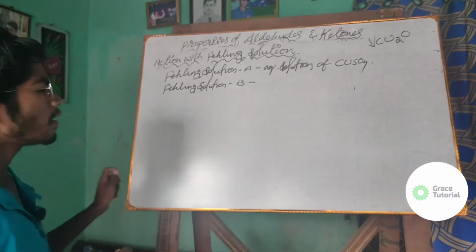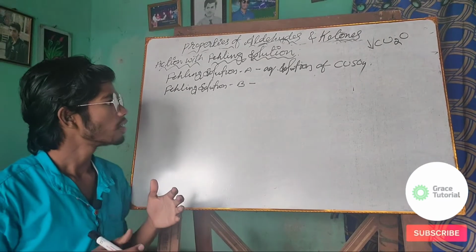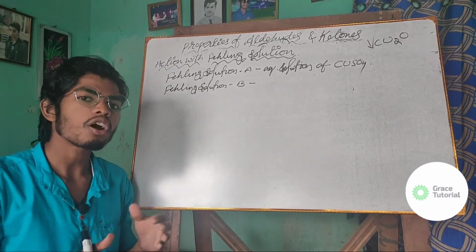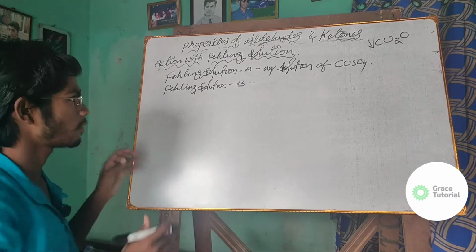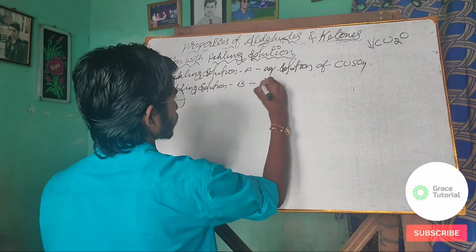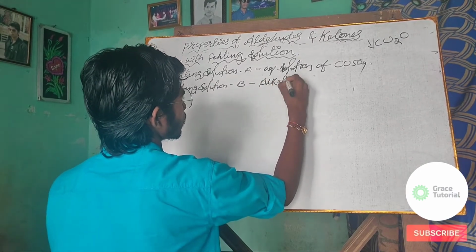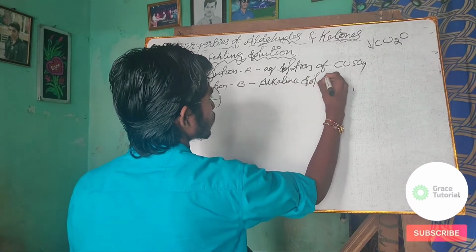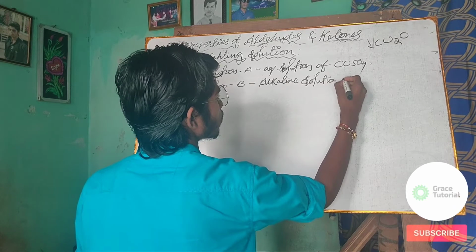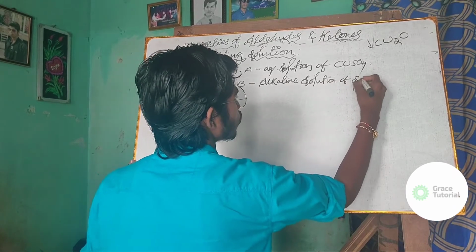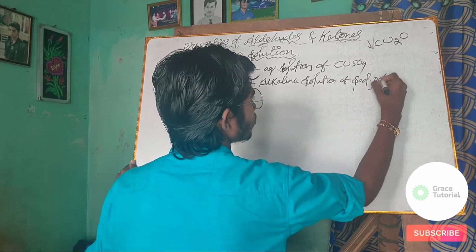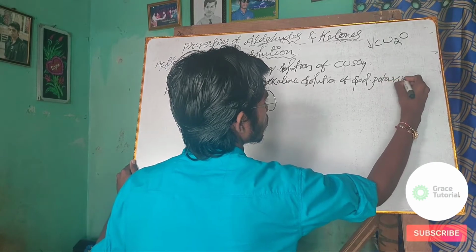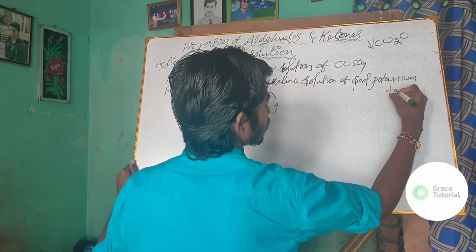Fehling solution B is an alkaline solution of sodium potassium tartarate.